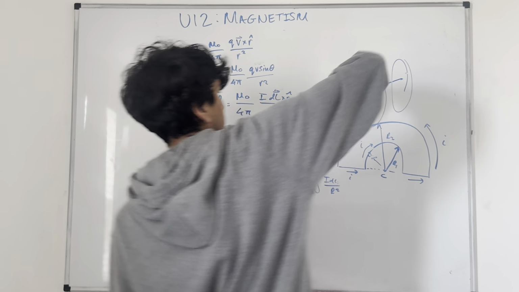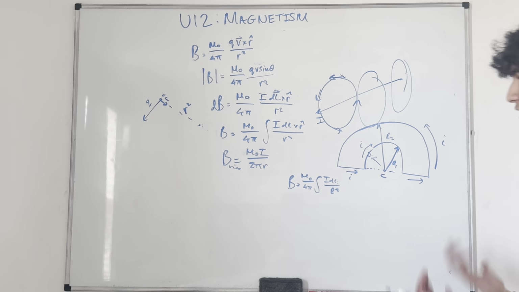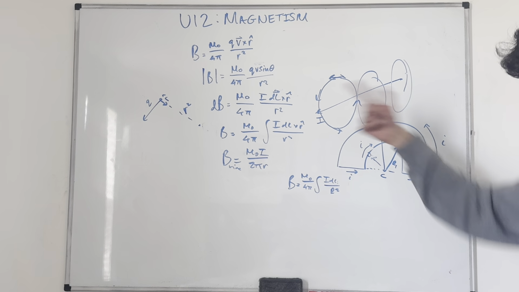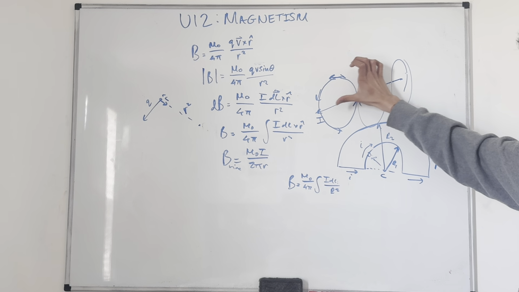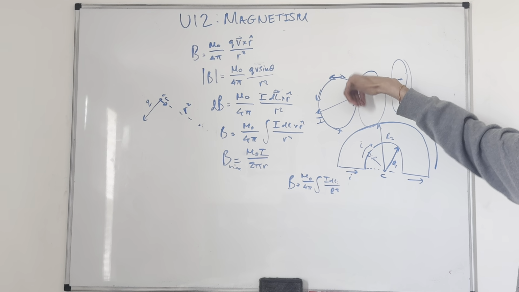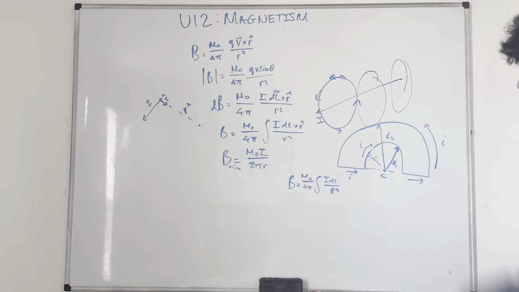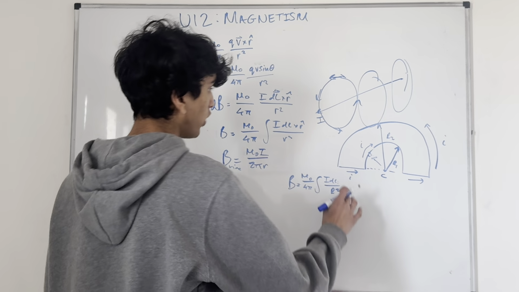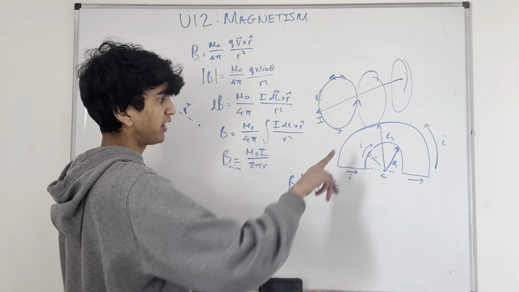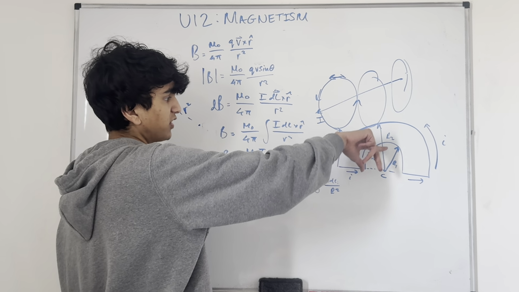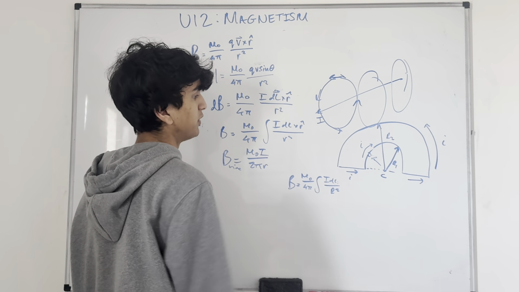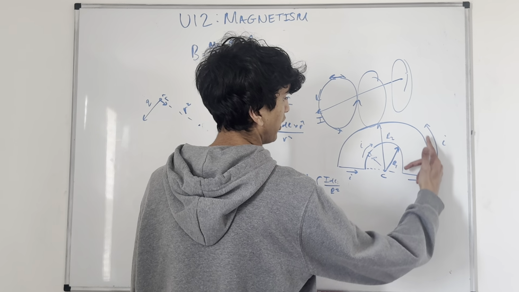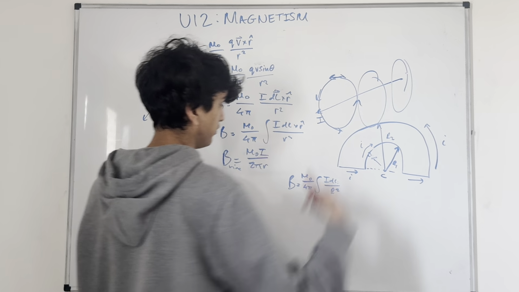You could use this right-hand rule to find out the direction, but an easier right-hand rule for swirling magnetic fields would be to point your thumb in the direction of the current, and then your fingers tell you the direction. So if I integrate this for one section of the wire, using the first right-hand rule, I can see it's always going to be into the page here. Otherwise, for here, it's always going to be out of the page.